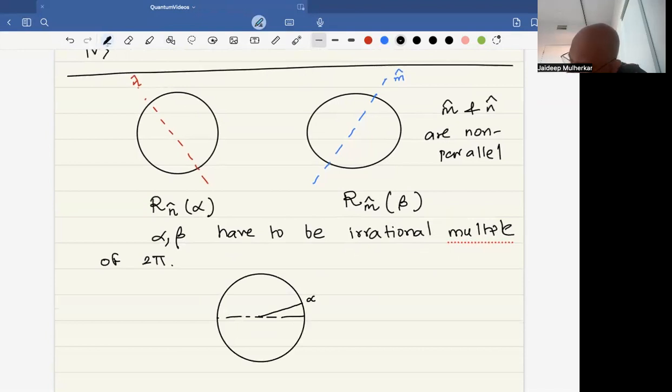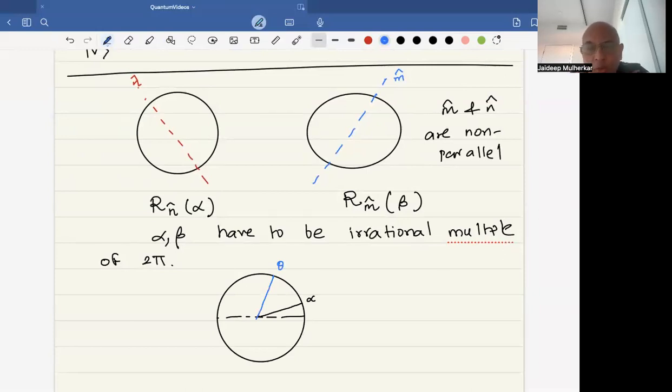And if alpha is an irrational multiple, then I should be able to go around the circle and come arbitrarily close to any angle, let's say theta. So I can make several rotations to come as close as possible to theta. That wouldn't be possible if alpha or beta were rational. So that is for single qubit.